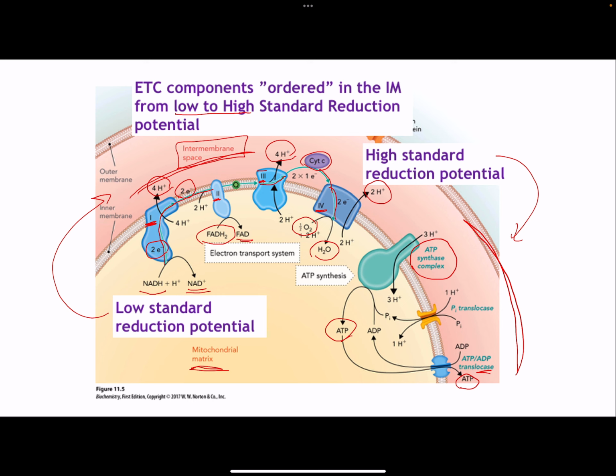And then we're going to see our reduced coenzymes that get oxidized, and these electrons are going to pass through each of these complexes from 1 to 2 to 3 to 4. In the end, an oxygen molecule is going to take those electrons, and then in the next lecture, we're going to see the end product here of how ATP synthase is going to work.